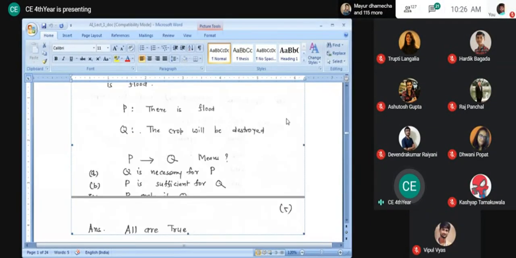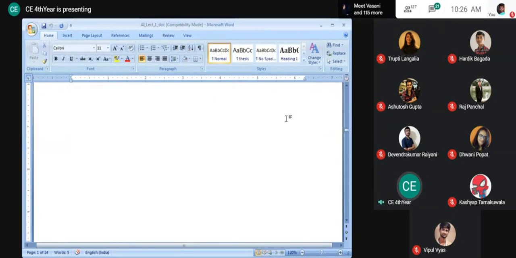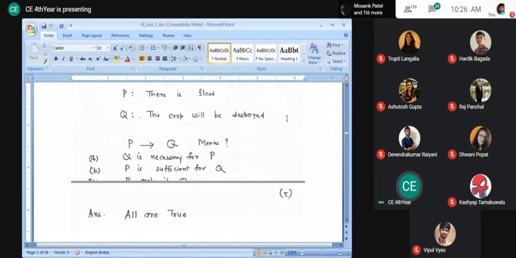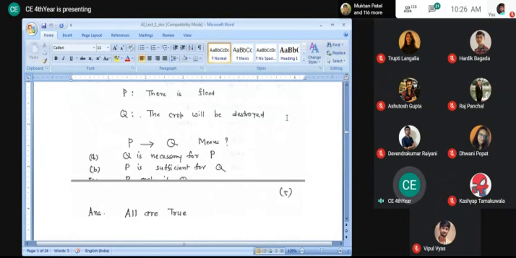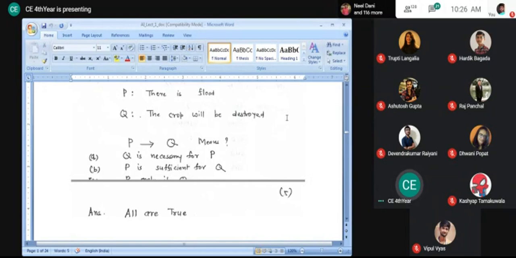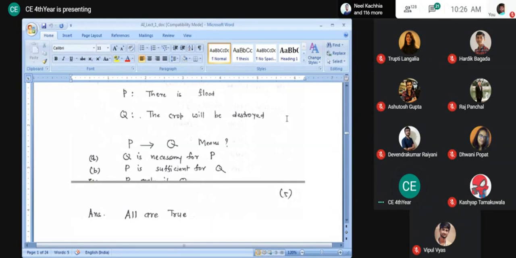Next, the crop will be destroyed if there is flood. The sentence is: the crop will be destroyed if there is flood.